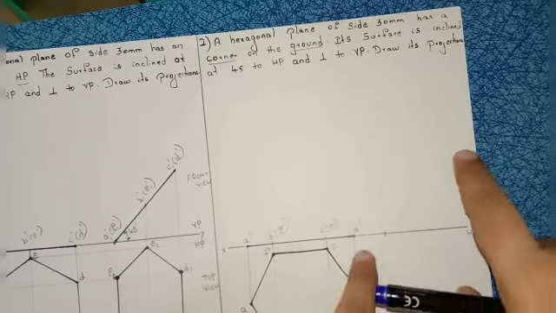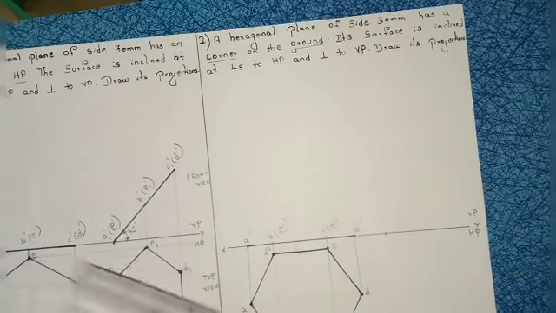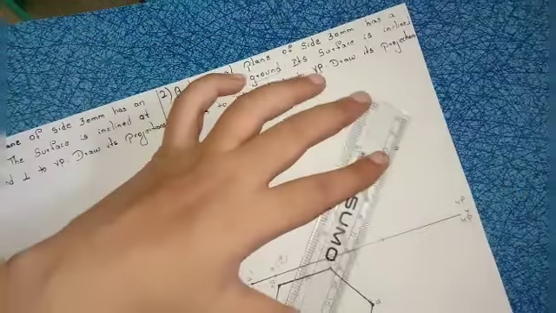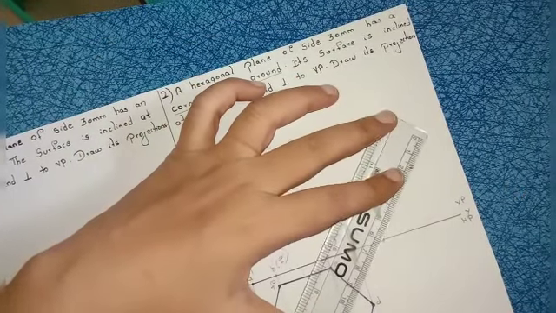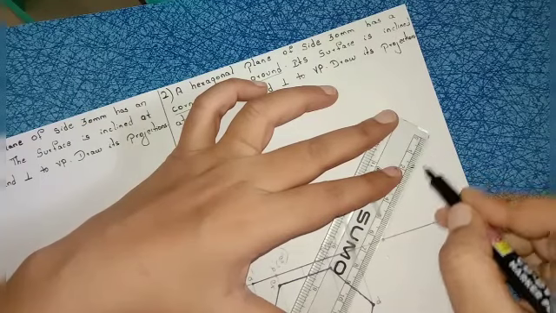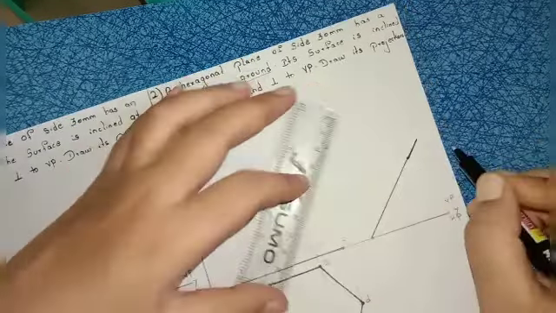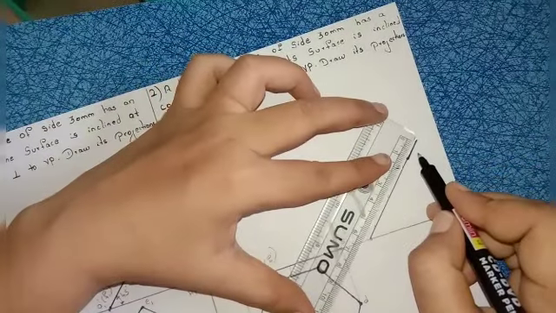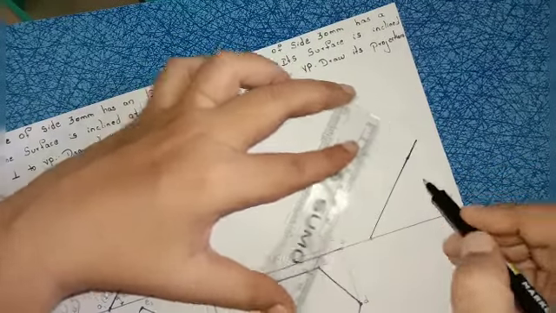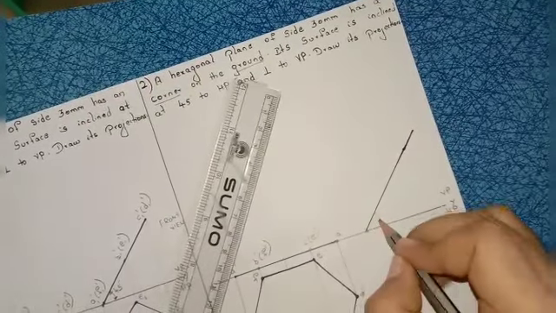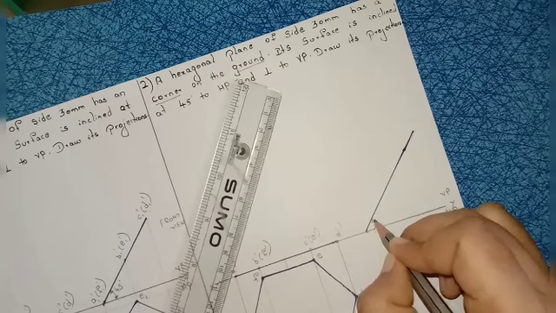So from A dash to D dash is 60 mm. So I am taking 60 mm here, with an angle of 45 degrees.